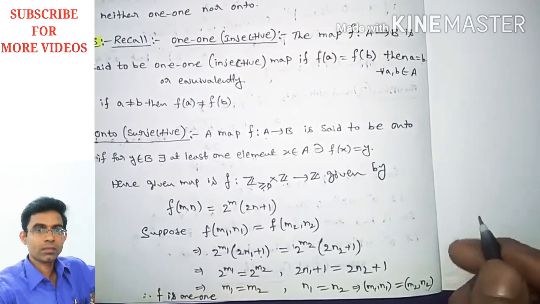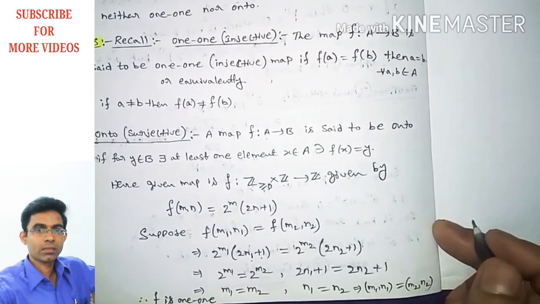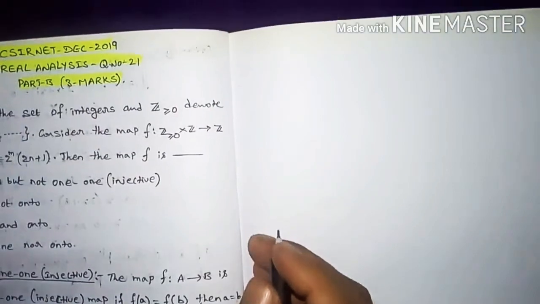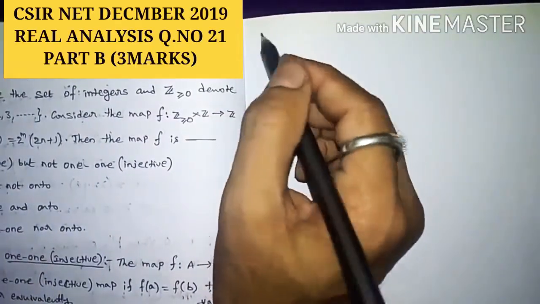Now we have to verify whether f is surjective or not. So now let us see onto.